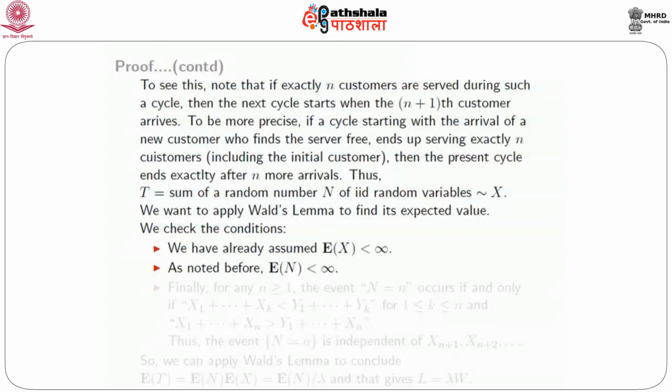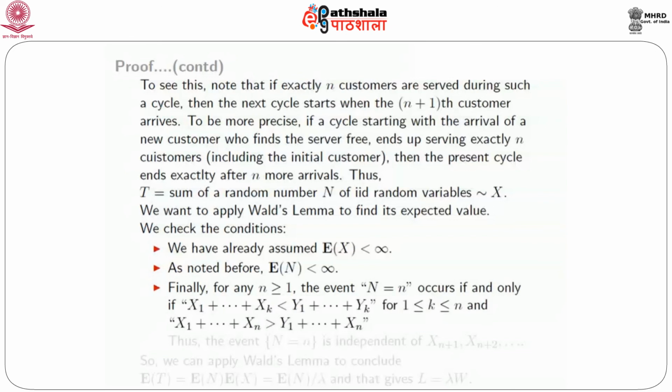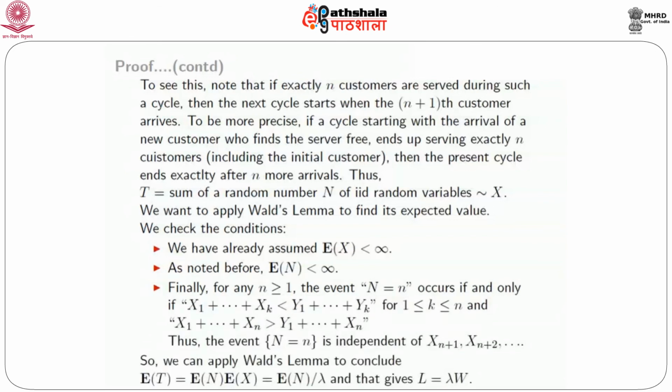Finally, for any n greater than or equal to 1, the event capital N equal to n occurs if and only if X1 plus X2 etc. up to Xk is less than Y1 plus etc. plus Yk for 1 less than or equal to k less than n, and X1 plus X2 plus etc. up to Xn is greater than Y1 plus Y2 plus etc. up to Yn.